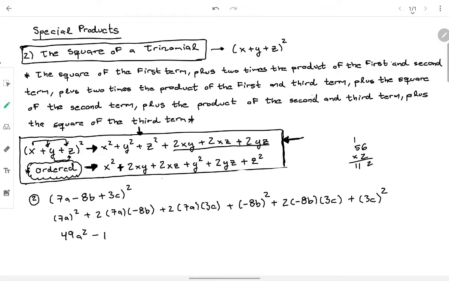So it will be 112 ab plus, then it's going to be 7 times 6. So it will be 42 ac. Then it will be plus because remember negative multiplied by negative, it's plus.